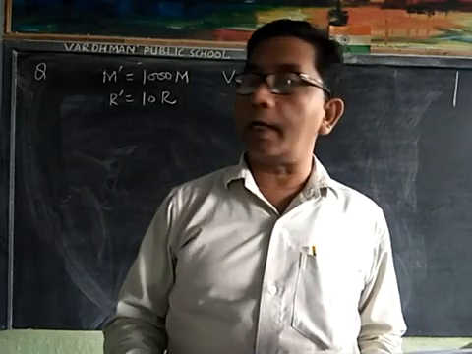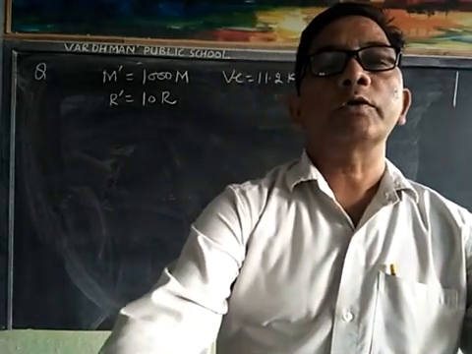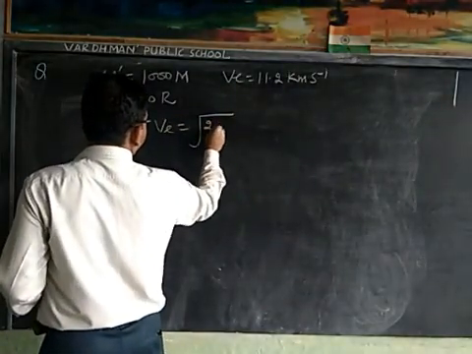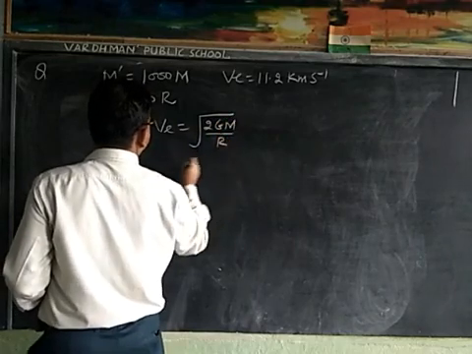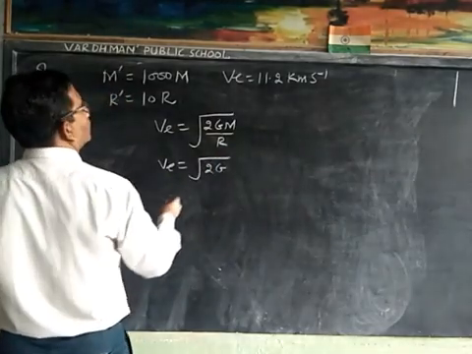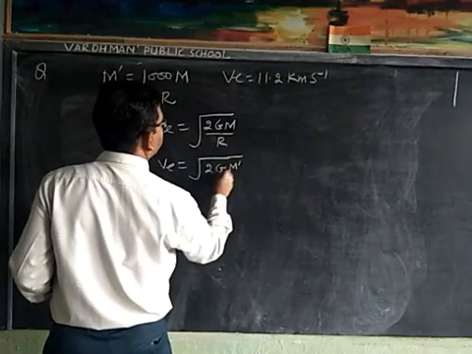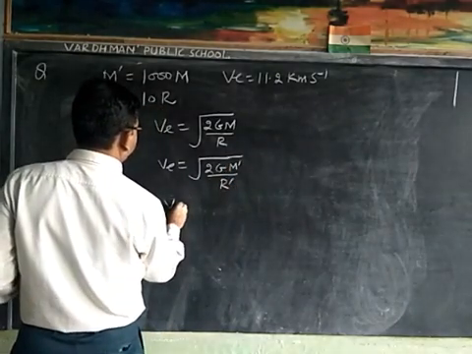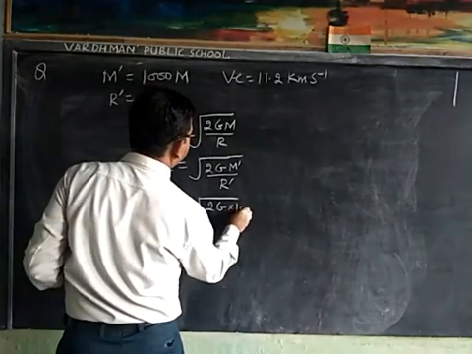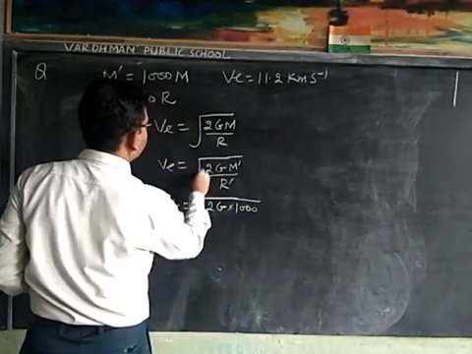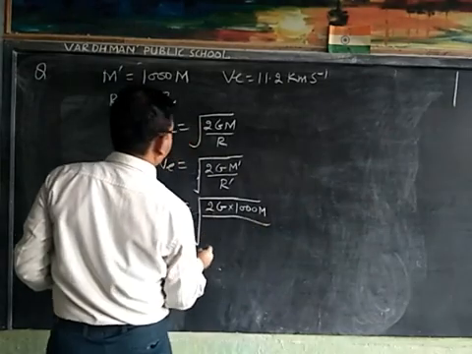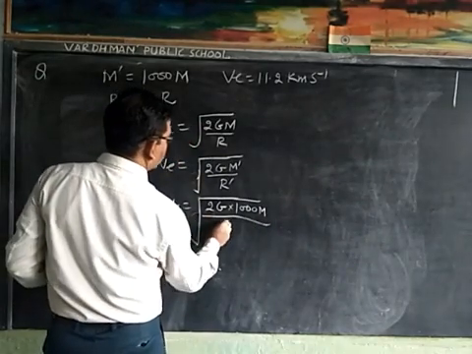Now we know the formula of escape velocity: VE is equal to under root 2GM upon R. For the other planet, VE dash is equal to under root 2G M dash upon R dash, that is under root 2G into 1000 M upon 10 R.